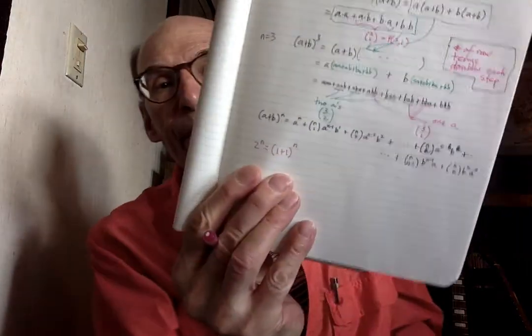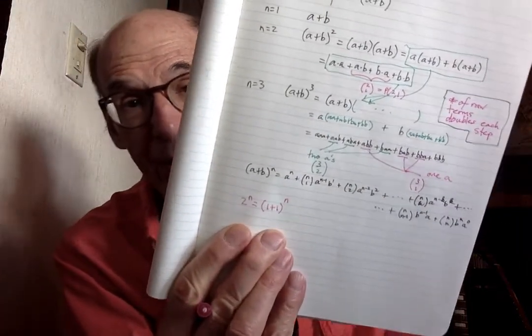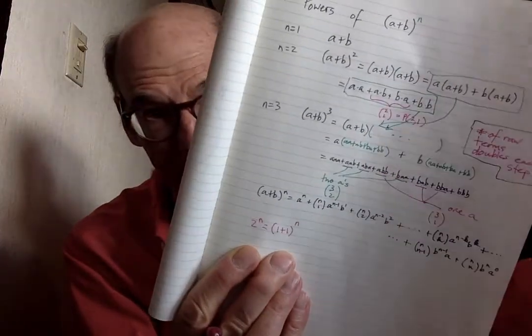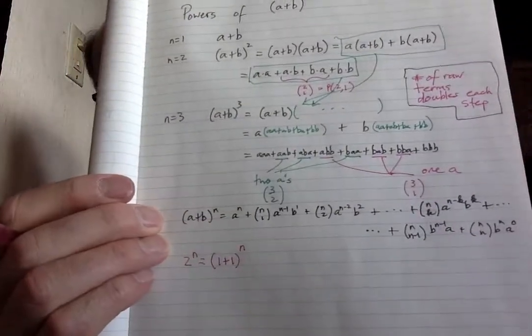Okay, now we're going to drill really deep into the arithmetic. 2 is 1 plus 1. So 2 to the n is 1 plus 1 to the n. This is how a lot of discoveries are made: you unsimplify, you break things back up, not down, and say, hey, 2 is 1 plus 1. And now I have 2 terms, a 1 and a 1, and I'm raising that sum to the nth power. Well, that's what we just did right here.